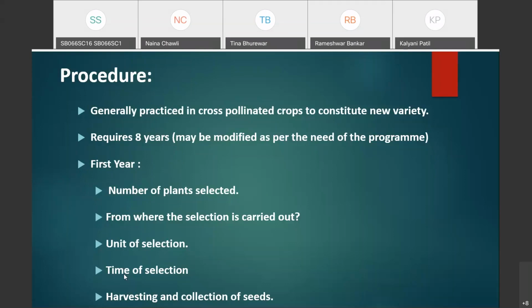Okay, these are the activities which are carried out in the first year. In the first year, simple activities like the selection of plants are carried out depending upon their phenotypic characters. A large number of plants are selected, then these plants are harvested, threshed, and their seeds are collected and preserved to raise the crop in the next year.